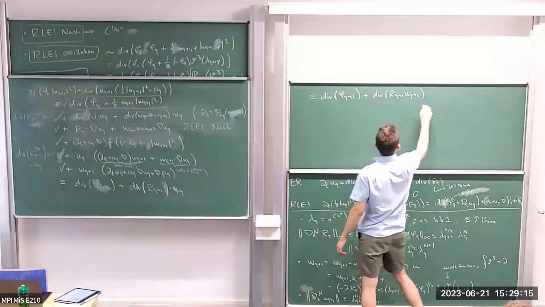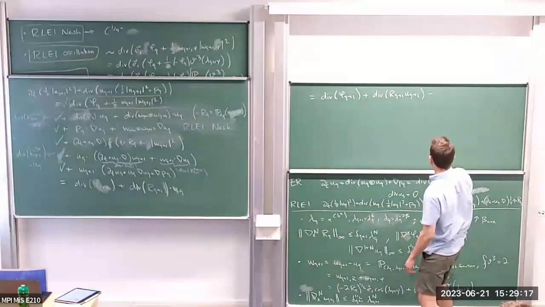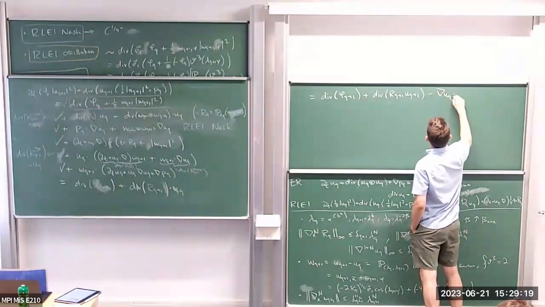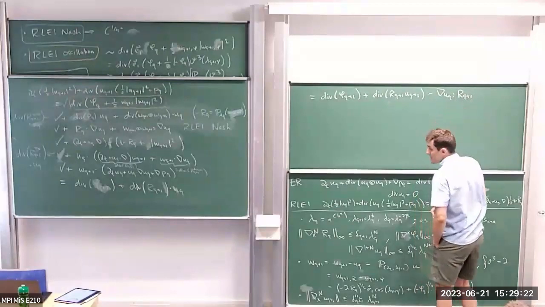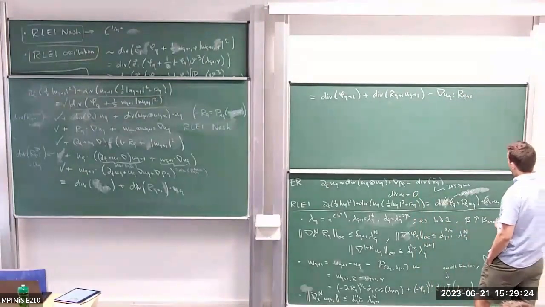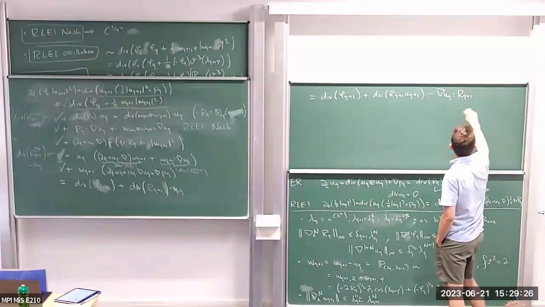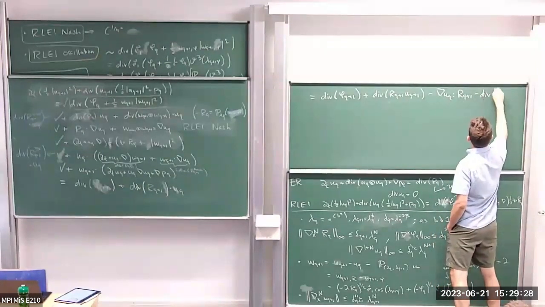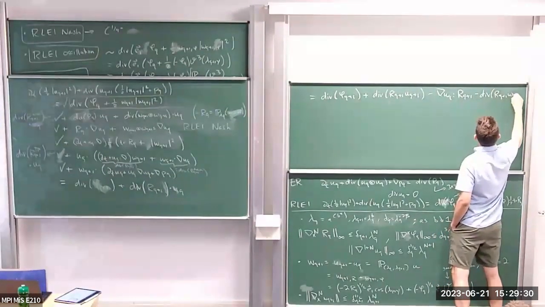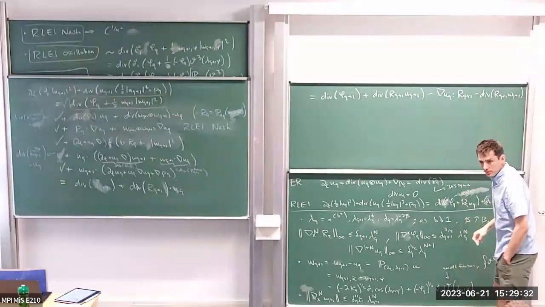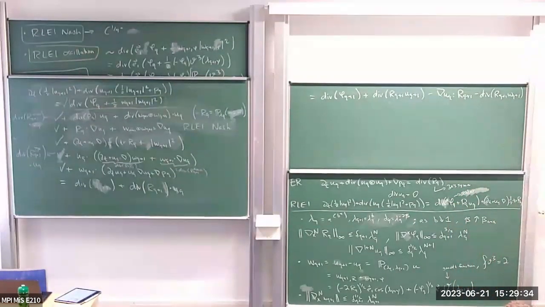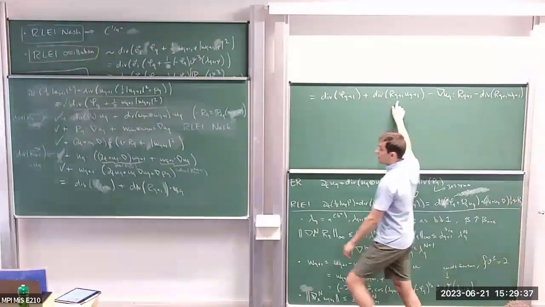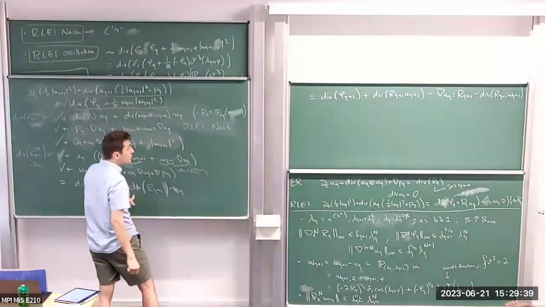What am I missing? I'm missing gradient UQ against RQ plus 1. And I'm missing RQ plus 1, WQ plus 1. Now this is equal to this.